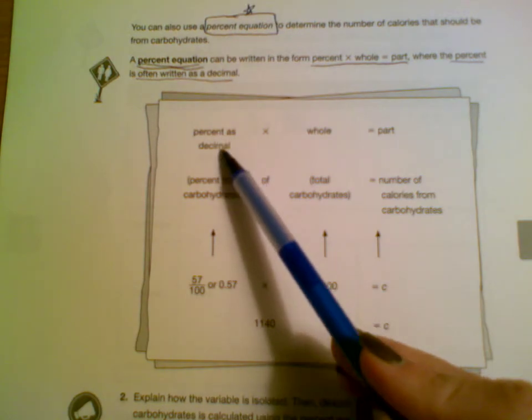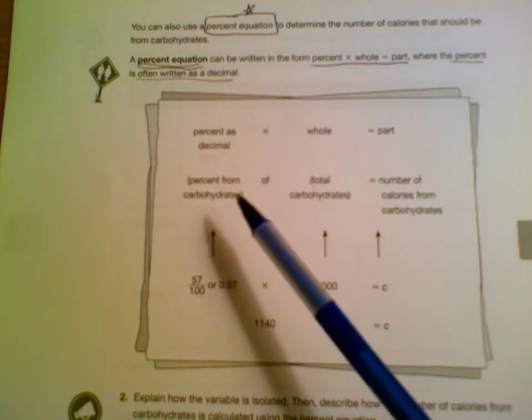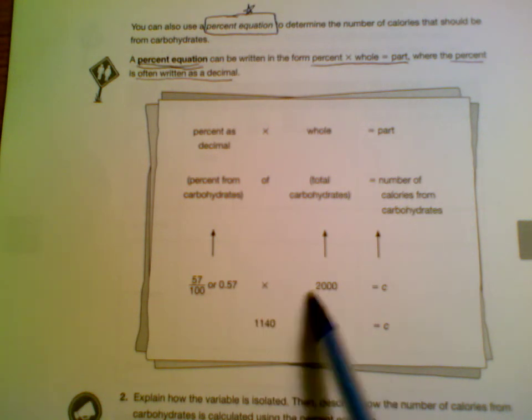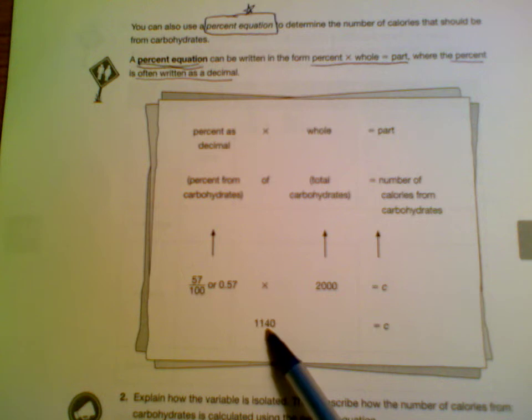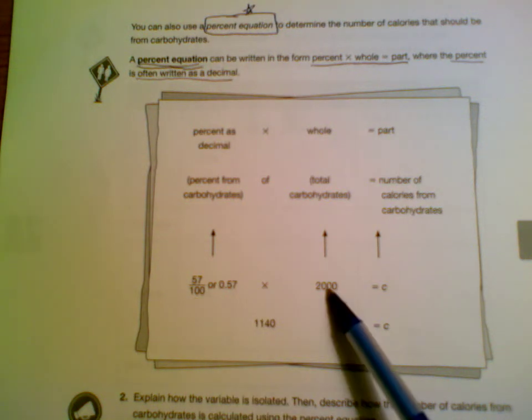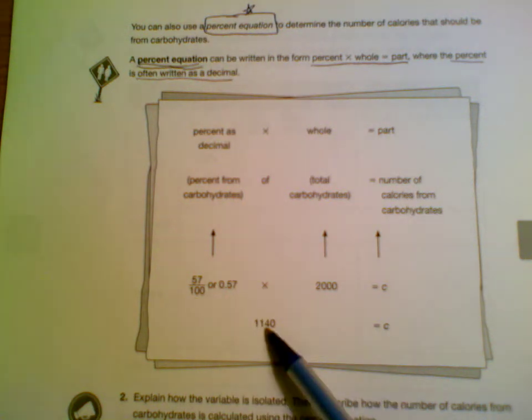You could write it as a fraction as well. So the percent as a decimal is 0.57 times 2,000. When you multiply those, we get the same answer we had on the prior page. Or I could use fractions, 57 over 100 times 2,000. I would still get the same answer.